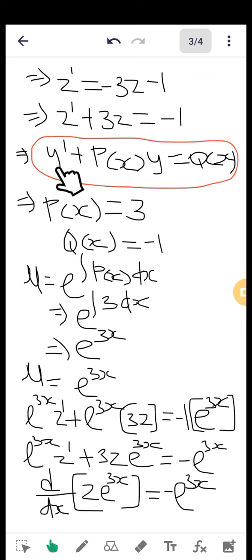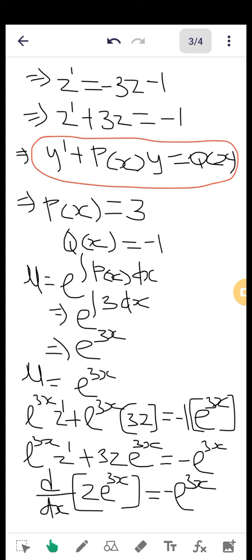That's the linear form. Upon doing this, we compare the coefficients: I know that my p of x is equal to 3, and my q of x equals -1.